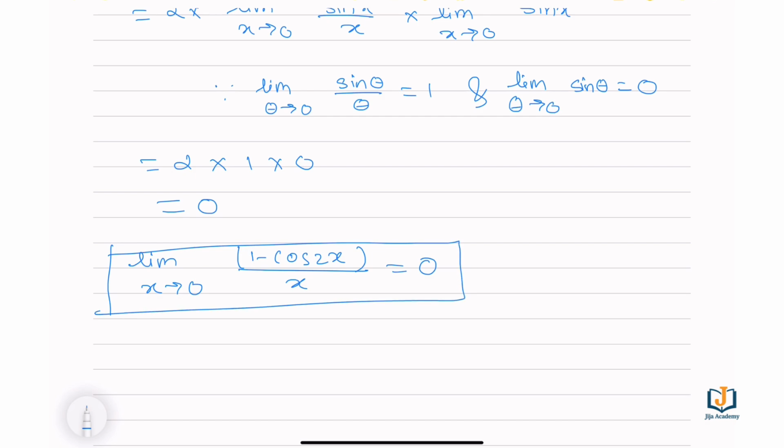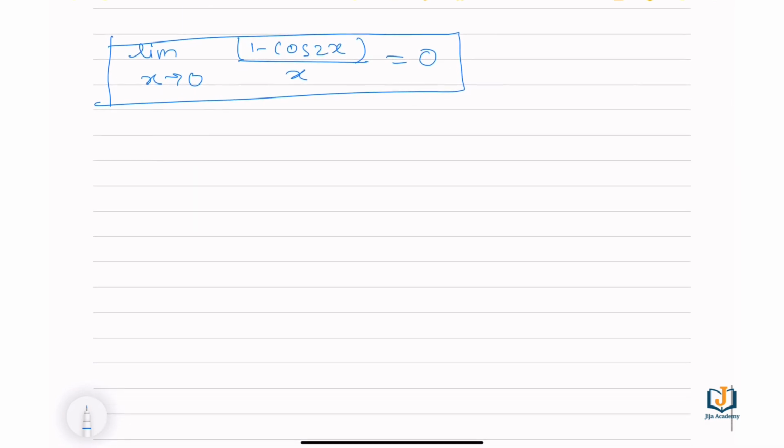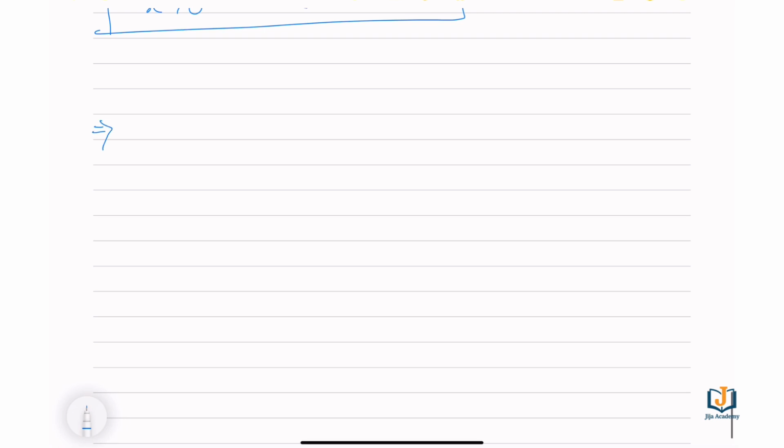Now moving to the next problem. Next problem is limit x tends to 0, 1 minus cos ax divided by 1 minus cos bx. So here we are writing this problem limit x tends to 0.